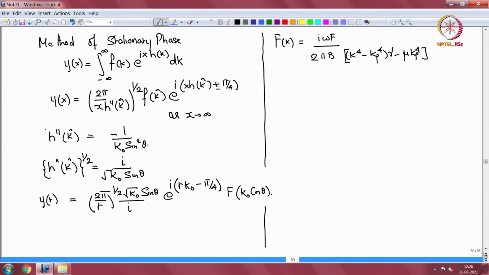So f at k equal to k0 cos theta becomes equal to i omega f by twice pi b into k0 fourth cos 4 theta minus kp fourth, square root of k0 squared cos squared theta minus k0 squared, minus mu kp fourth.